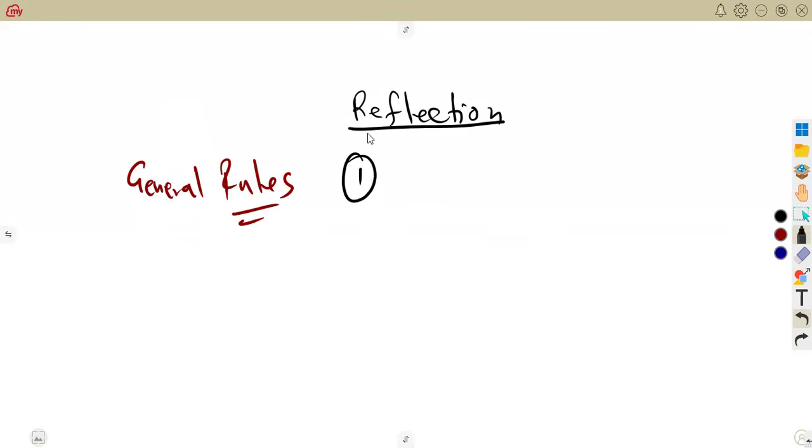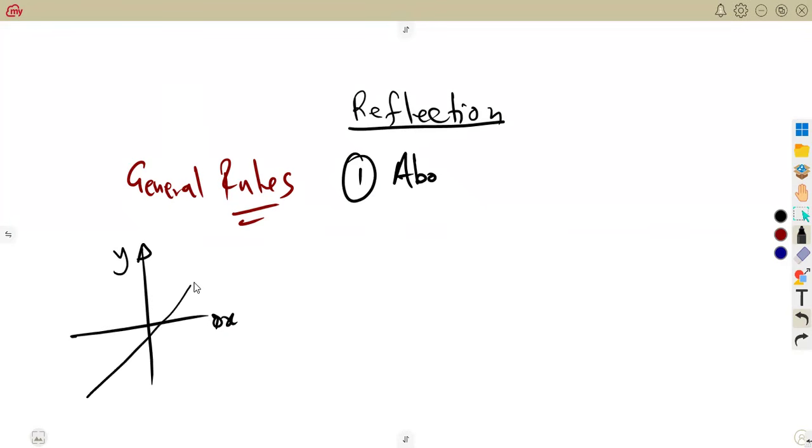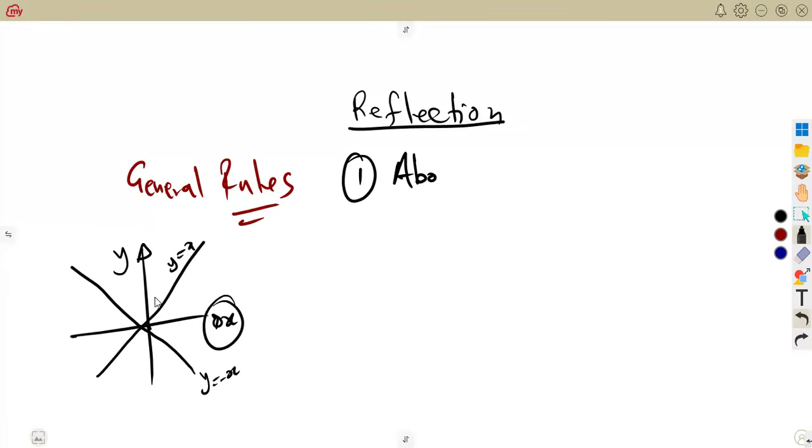So the first one, it can be a reflection about the x-axis. Remember your Cartesian plane, the x-axis, y-axis. It can be in the line of y is equal to x. It can be in the line of y is equal to minus x. So we need to know all these from the x-axis.